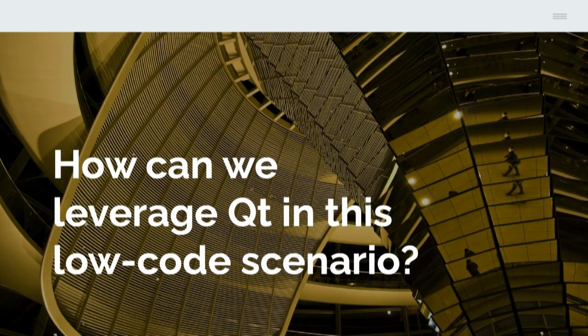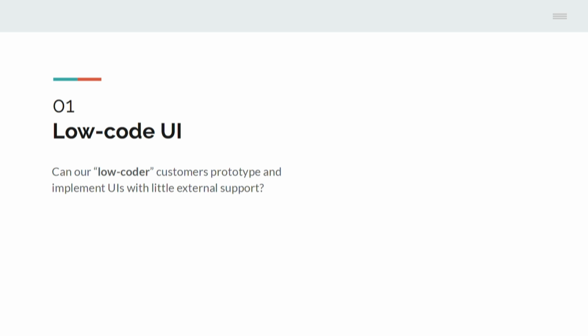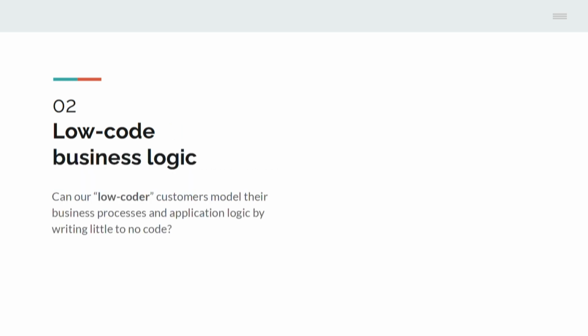So how can we leverage Qt in this low-code scenario? Let's focus first on the UI. And the first question is, can our, let's call them low-coder customers, prototype and implement UIs with little external support? The second question is about the business logic.